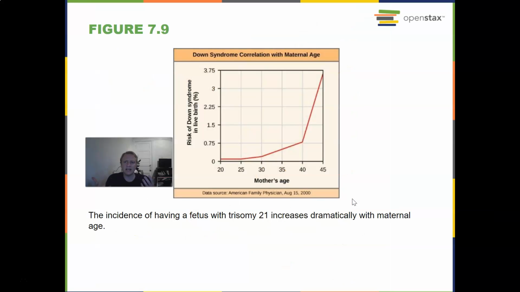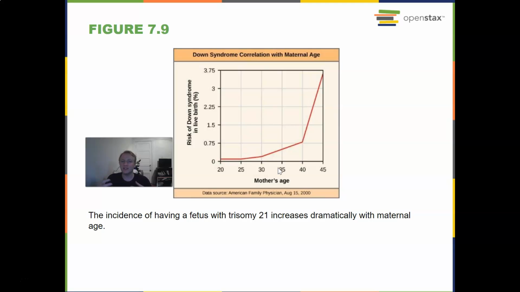So here we have a diagram that shows the correlation of the mother's age with the risk of having a child with Down syndrome. And Down syndrome is trisomy 21. Trisomy meaning 3 chromosome number 21. And basically what's happening here is, it's pretty interesting, but most human females undergo meiosis 1 while they're still in utero.